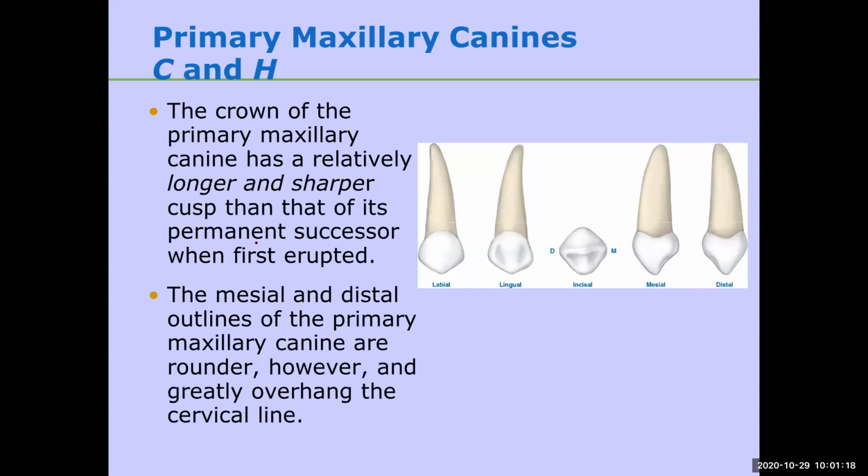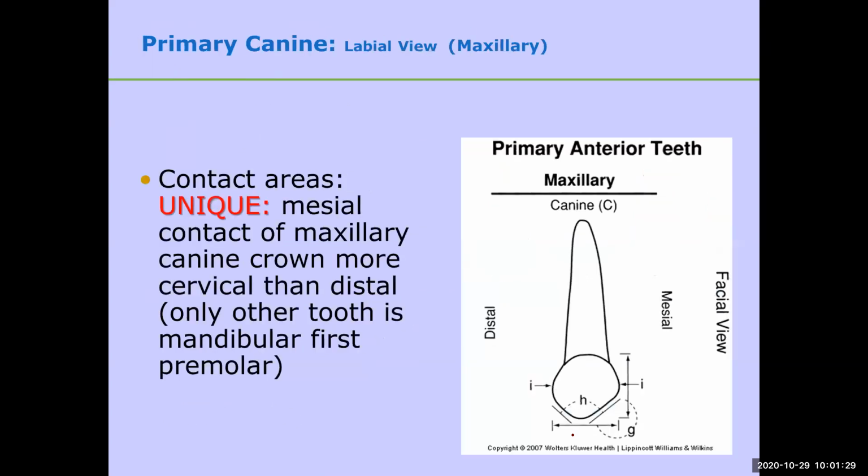If this was a permanent tooth, this would be sharper. So from the contact areas, what's unique about the maxillary canine is the contact of the maxillary canine is more cervical than the distal. I'm not going to make you know that.